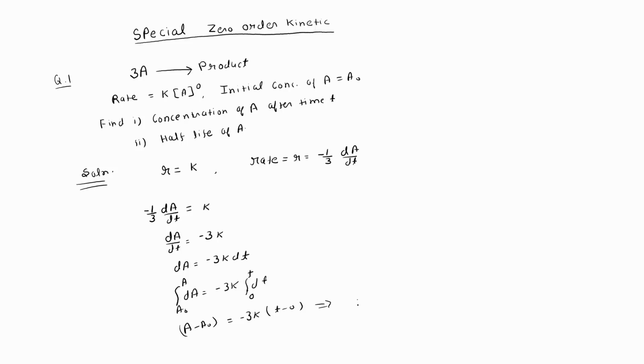It gives A is equal to A naught minus 3Kt. A is equal to A naught minus 3Kt. This is your first part.